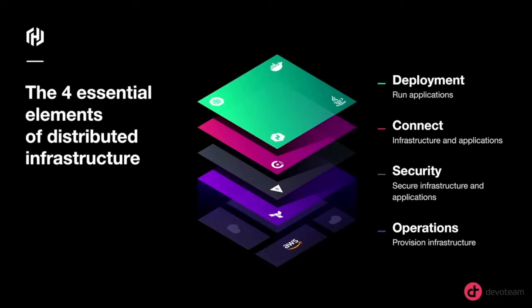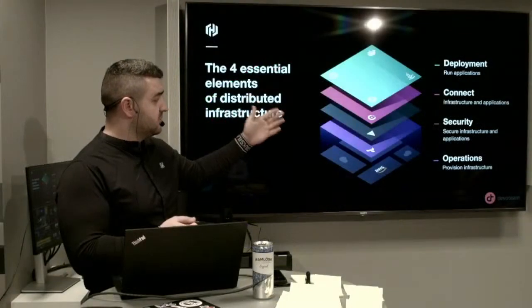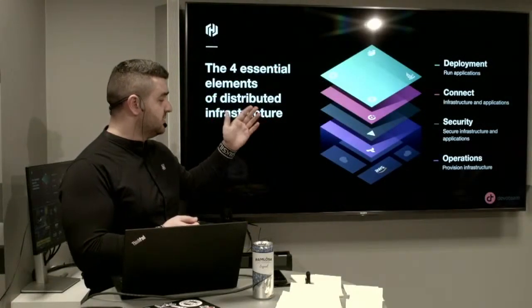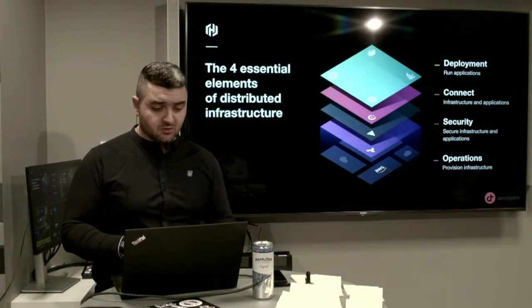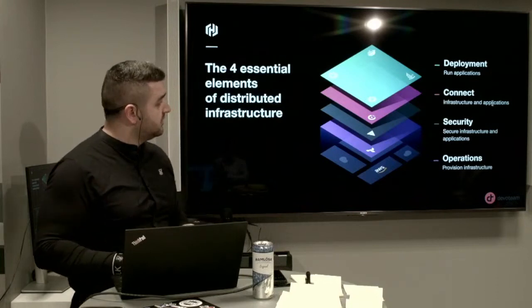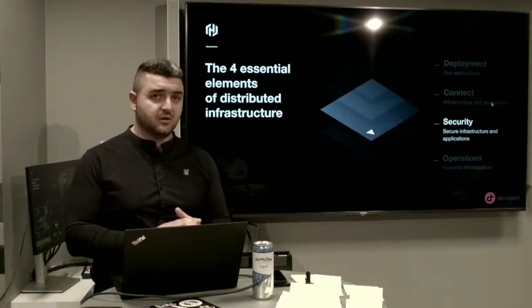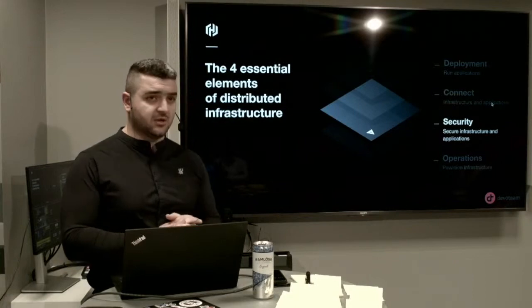You will have some operation, either a cloud, your private cloud, or some virtual servers. Then you have a security layer, somewhere to connect your infrastructure, application, and deployment. Vault will cover the part of security, so it will help you to secure your infrastructure and applications.